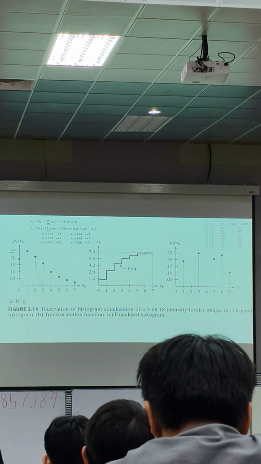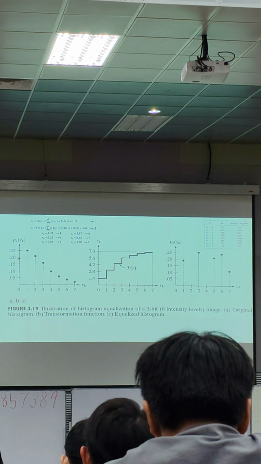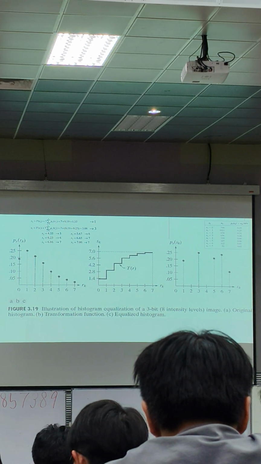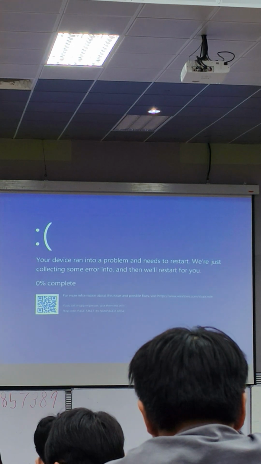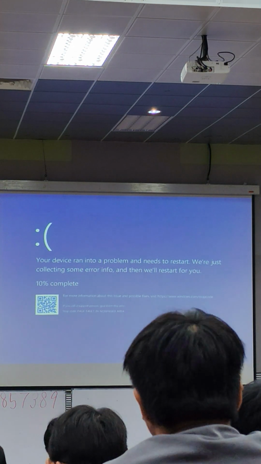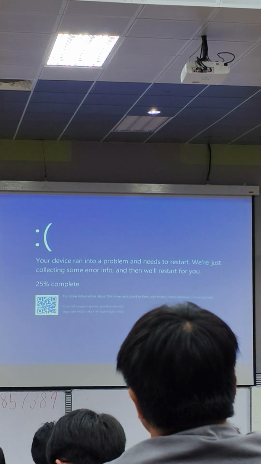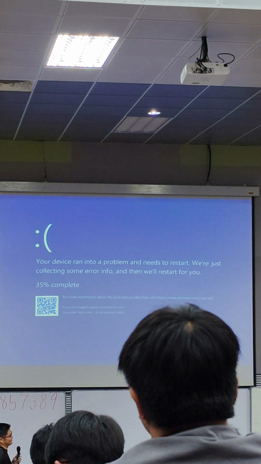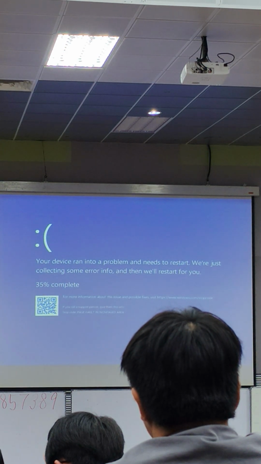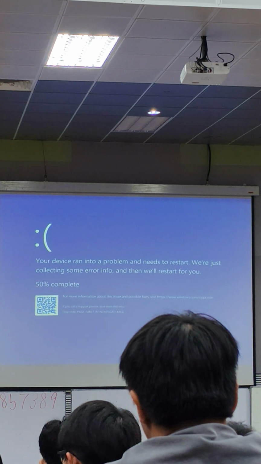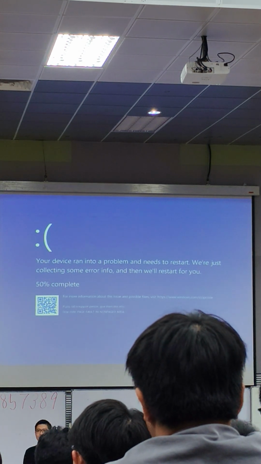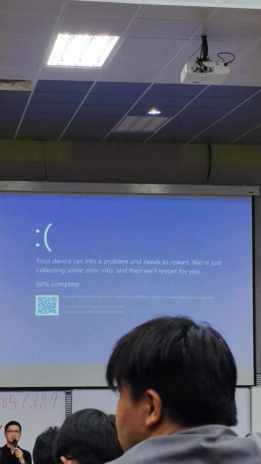Other than BGR, RGB, what are the color spaces that are available? How do we define colors? BGR or RGB?